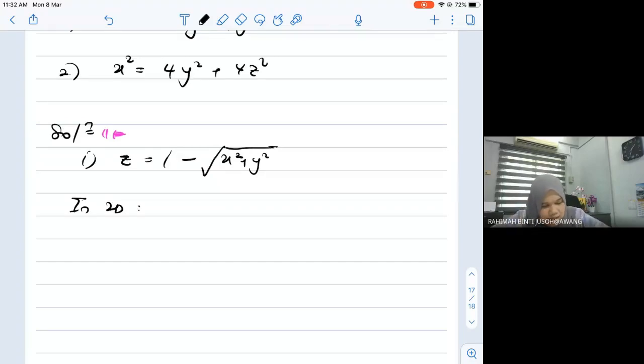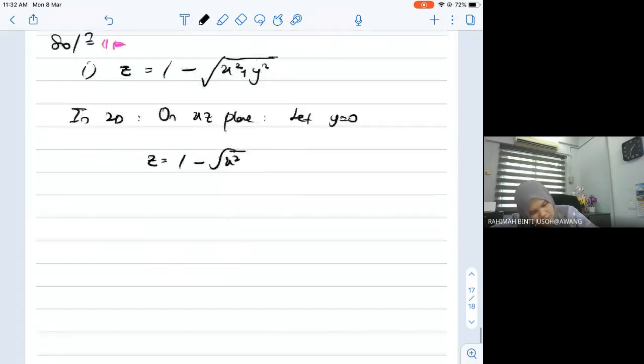Into 3D, let's say now, do you want the XZ plane or the YZ plane? Choose. XZ plane, okay, on the XZ plane. So we let y equals 0, isn't it? So we have z equals 1 minus square root of x squared.